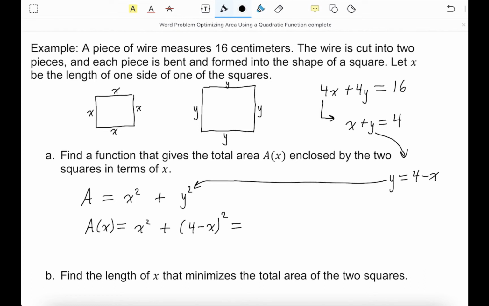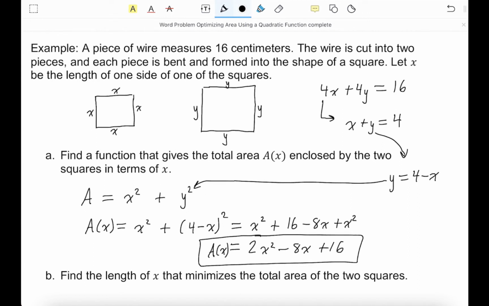And I'm going to simplify this, so x squared plus 16 minus 8x plus x squared. This now gives me 2x squared minus 8x plus 16. And this will be our function of the area.